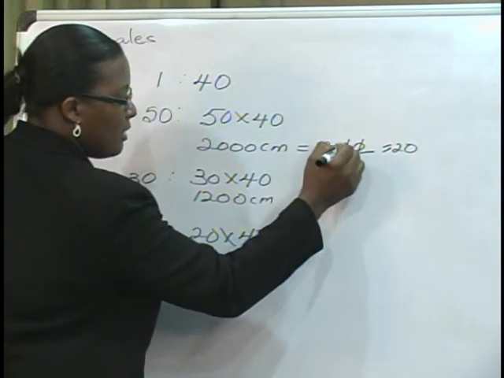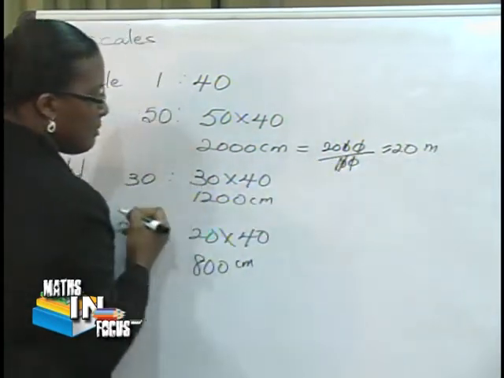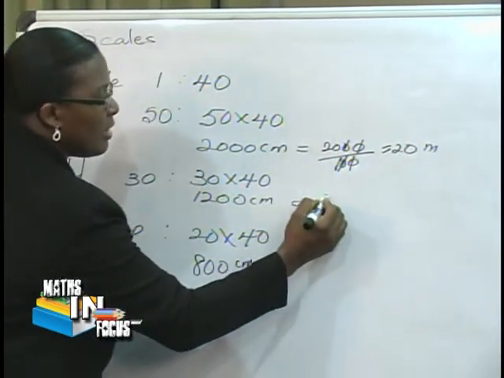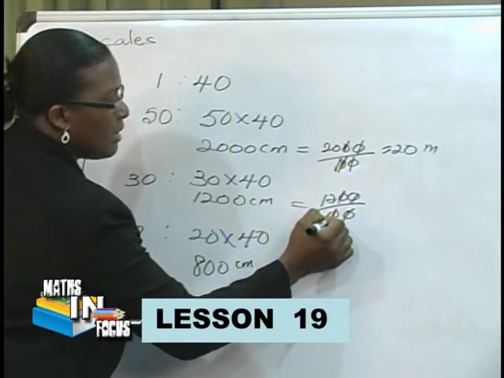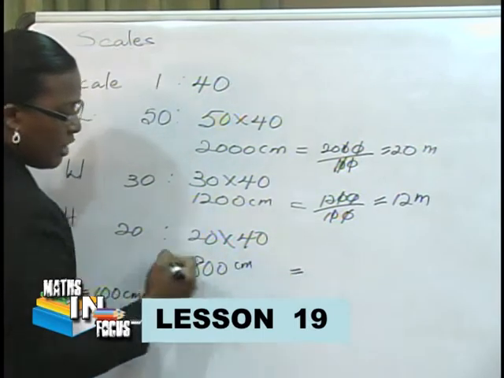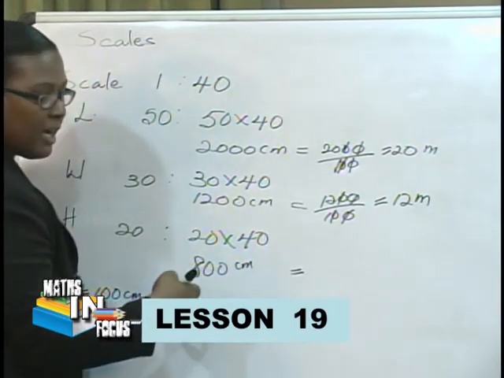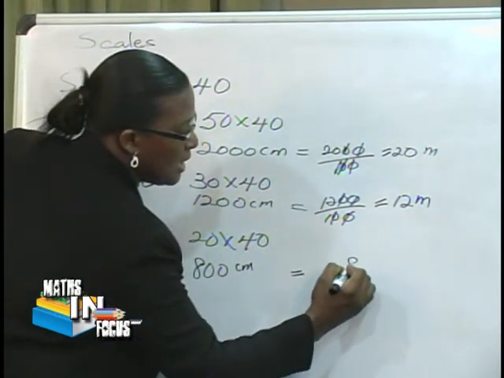And that would be 20 meters. The 1200, same thing there, and that would give us 12 meters. And last of all, here we would have 800 divided by 100, which would give us 8 meters.